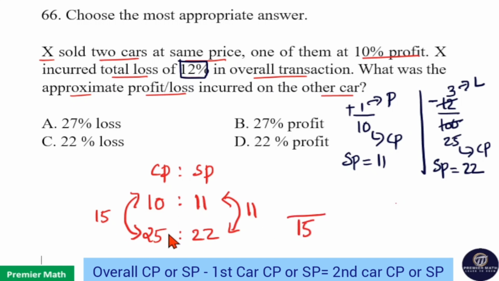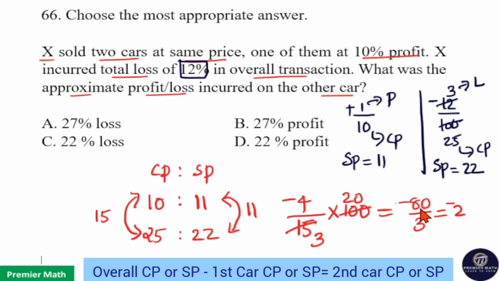Then the loss or profit incurred is the cost price of the second car, 15 parts, and sell price minus cost price is minus 4. So this is a loss. If you convert it into percentage, it will become minus 400 by 15. So 5 goes 3 times in 15 and 5 goes 20 times in 100. That means minus 4 into 20 is minus 80 divided by 3. 3 goes 2 times in 8, remaining is 2.